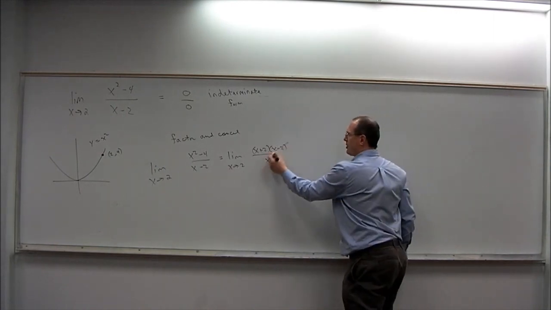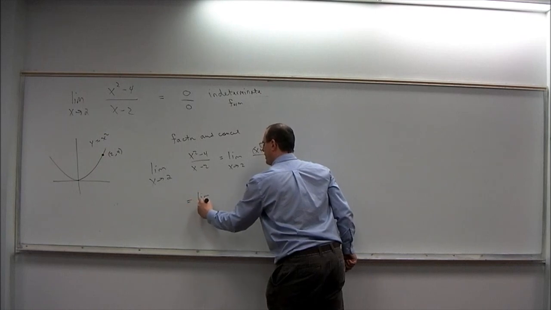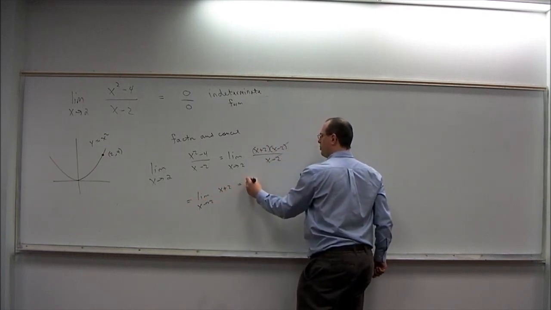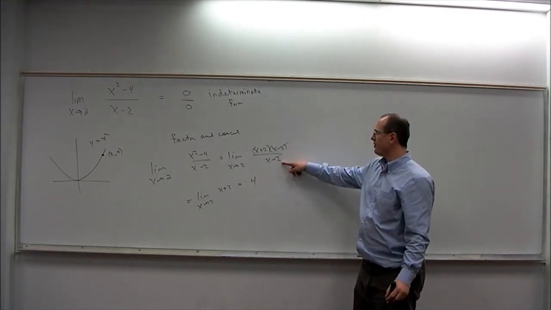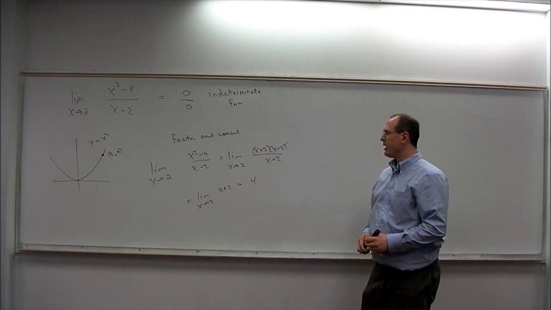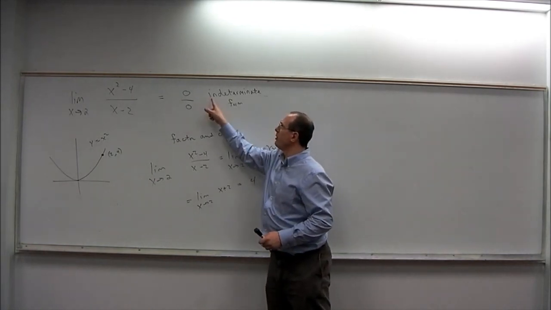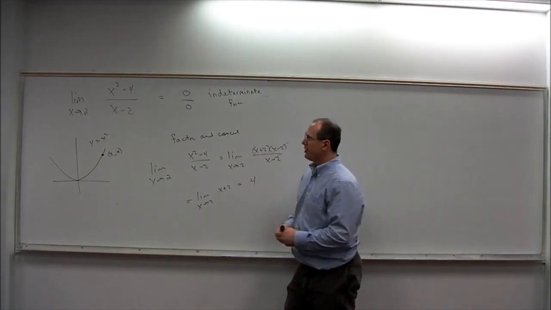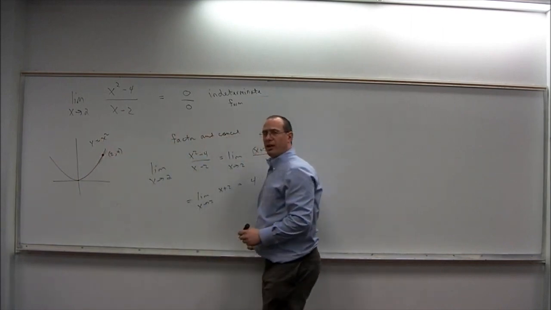So now the (x minus 2)'s cancel, and we're left simply with the limit as x approaches 2 of x plus 2, which is equal to 2 plus 2, which is 4. So by factoring and canceling, we can compute the value of the limit. In this case, the 0 over 0 indeterminate form has the value 4, and the slope of the tangent line here is 4.